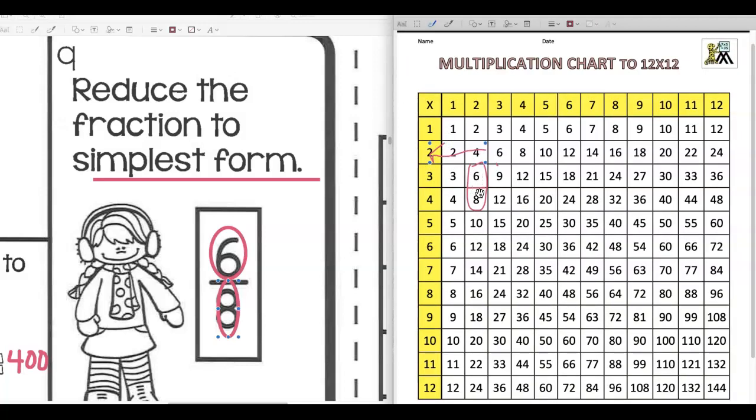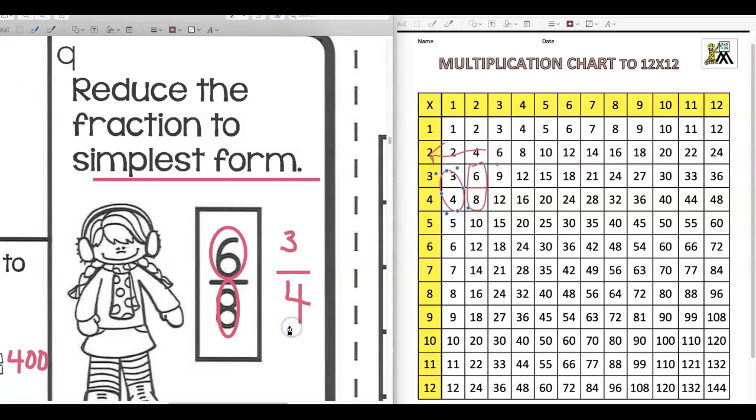Okay, so an equivalent fraction to 6/8 equals 3/4. And if I look, I can't find 3/4 anywhere else on my multiplication chart, so that must be as small as I can get it. 6/8, the smaller equivalent fraction. When I say smaller, I just mean smaller numbers.